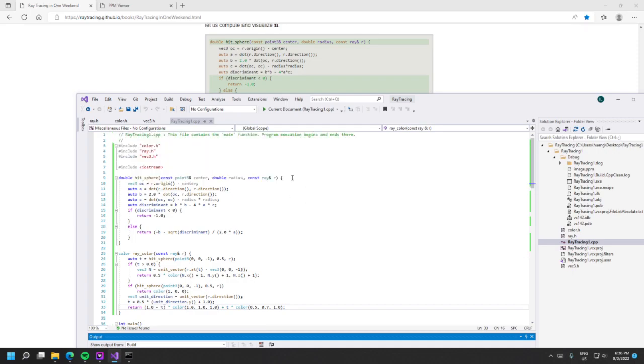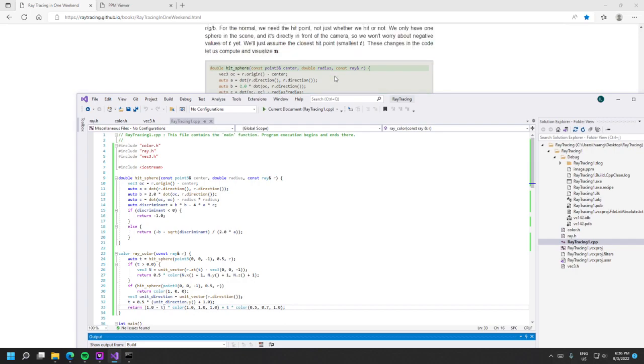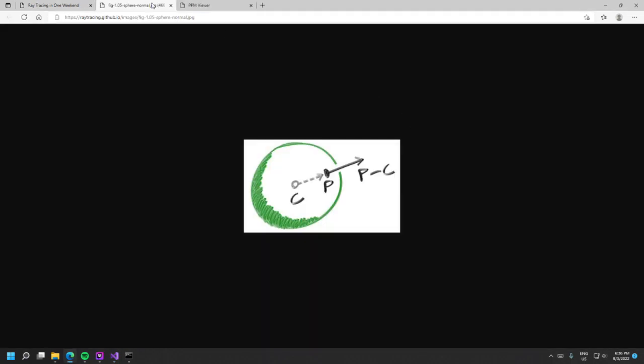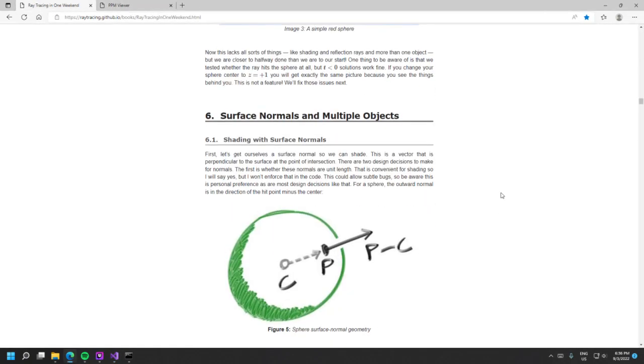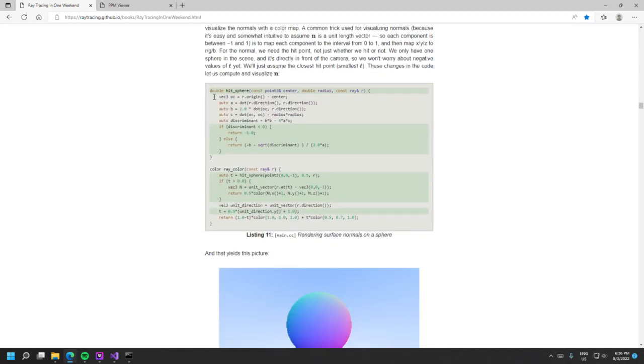I don't understand why this part is wrong on this 3. Wait. Oh no. The only part we need to change is the hit sphere and adding the new normal vector to the ray color. But somehow this is not right.